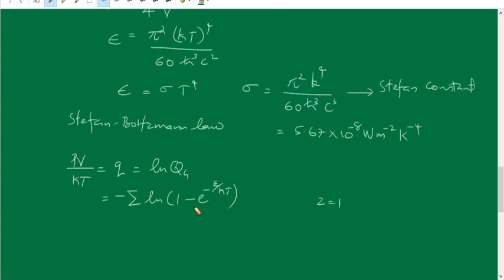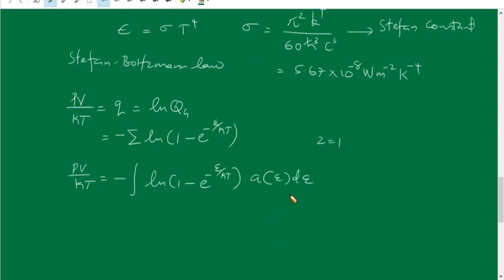Now this is a photon gas, so a large number of photons are there, so the summation can be replaced by integration. Therefore PV divided by kT is equal to minus integral of log(1 minus e raised to minus e divided by kT) into A of e dE.